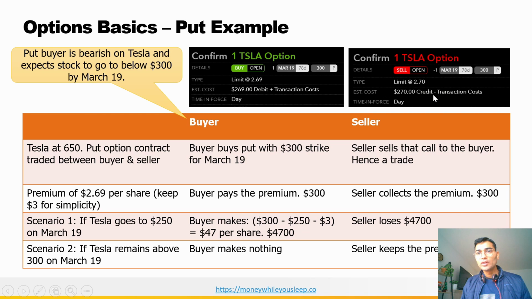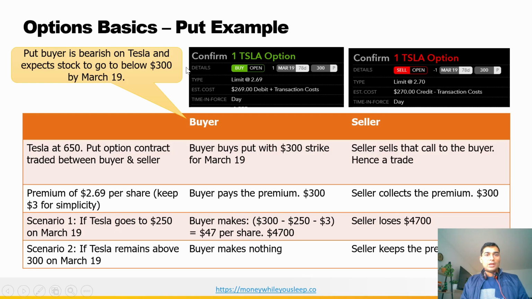So it is a credit over here, and this is a debit on the buyer side. So remember, the buyer is always going to pay the premium, and the seller is always going to collect that premium. Just like an insurance company, this will happen. The buyer is giving away their risk by paying that premium, and the seller is taking that risk by getting that premium.